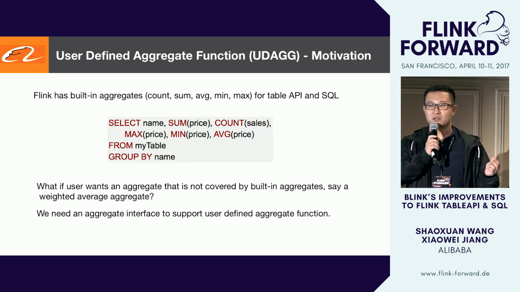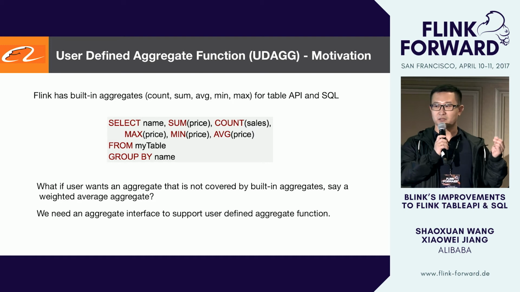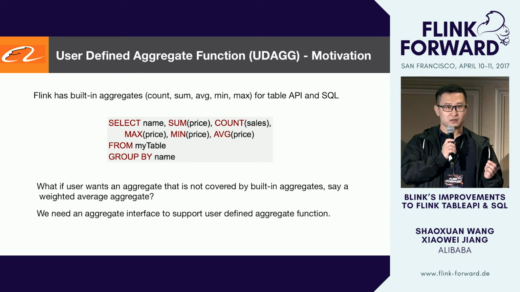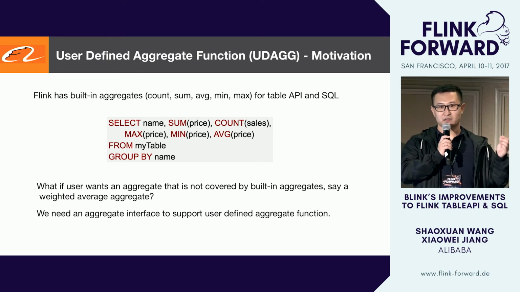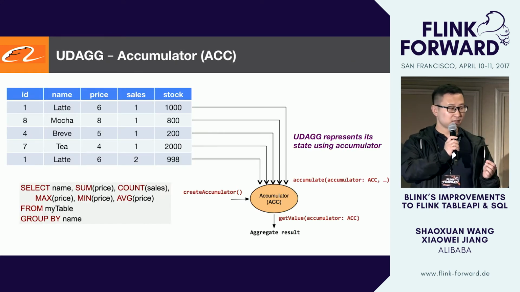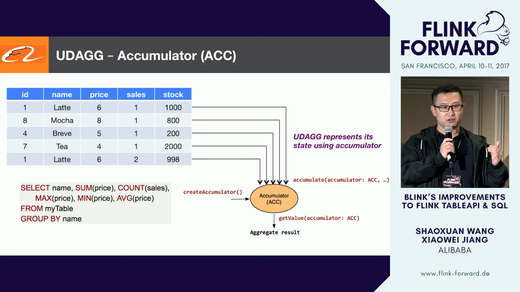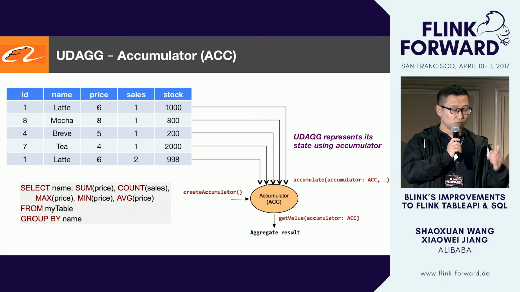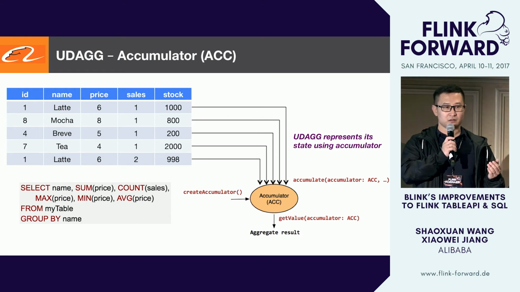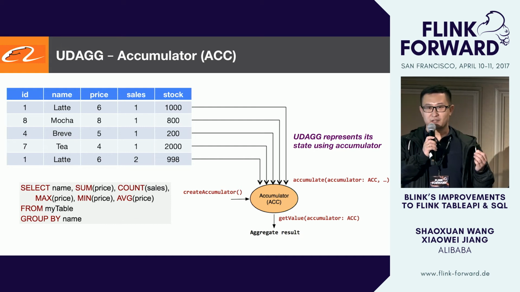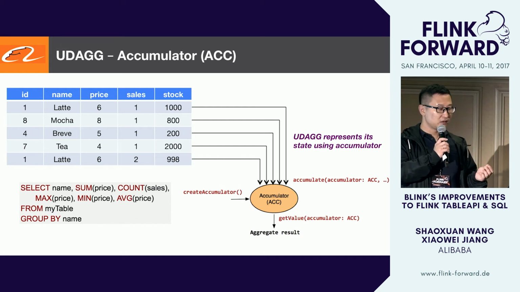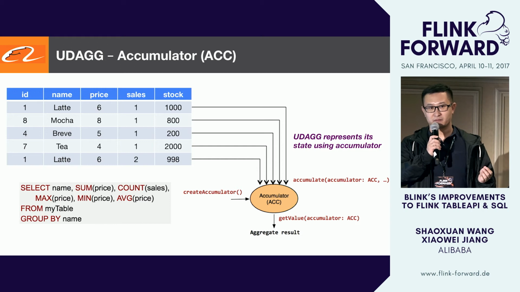Okay, let's start. Before we define the UDAGG interface, we need to understand how aggregation works. UDAGG transforms a table to a scalar. So we apply each row of the table to the AGG, one by one. The intermediate state inside the AGG we call the accumulator.